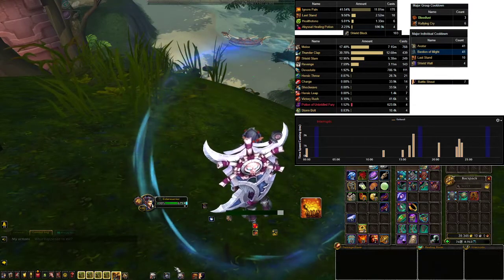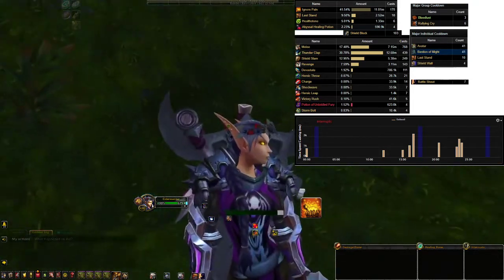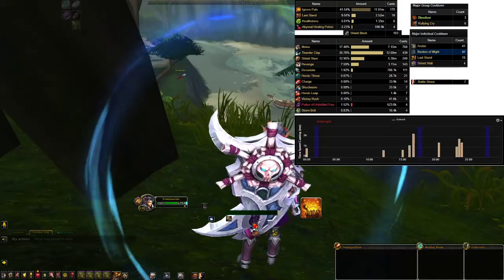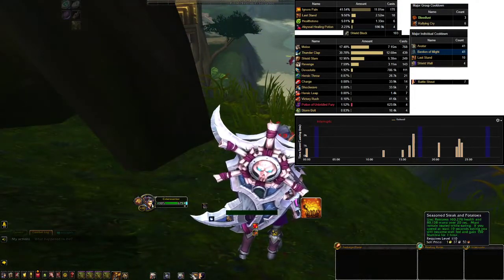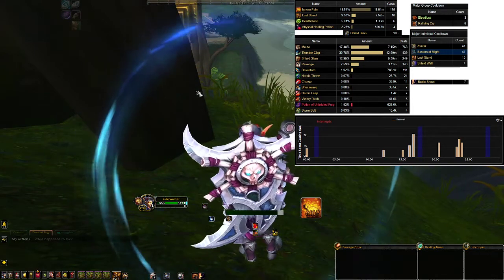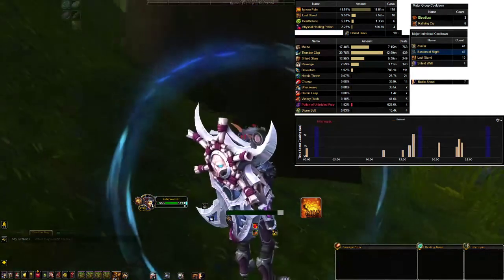You can decide for yourself how you want to deal with that one. Some people prefer to do it OPI. They don't like to give it a priority keyboard button. I think it's important enough to, especially in dungeons like Underrot, where you'll be mounting much more often.